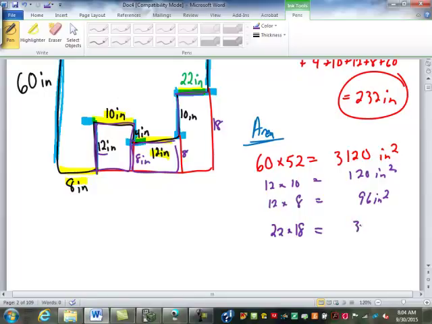Which is what? 396? So what? We subtract those all out, we get what? 2604? 2608? Or 2508? Is that what you guys got?